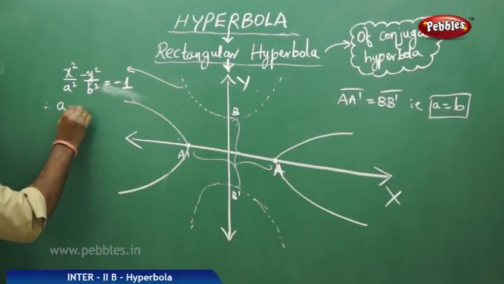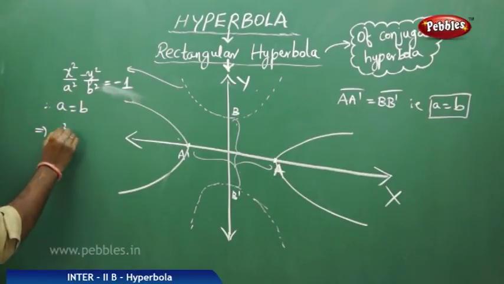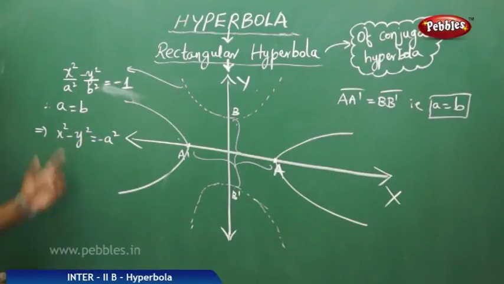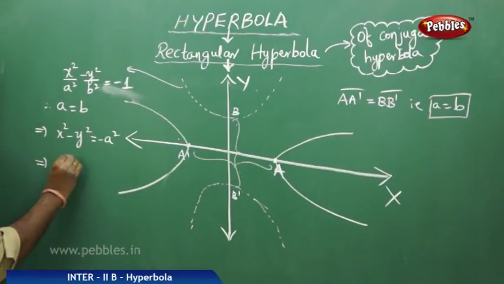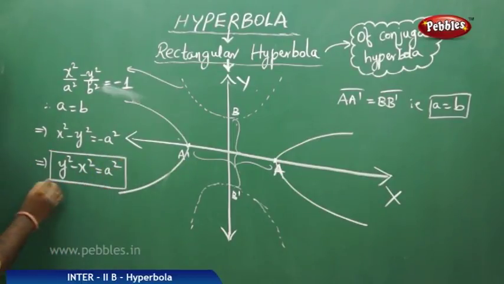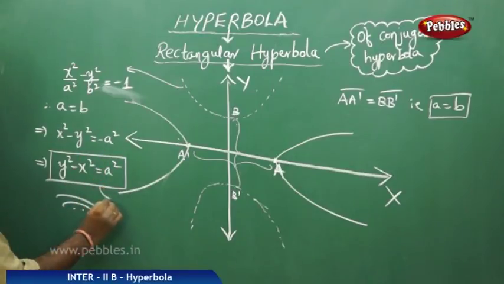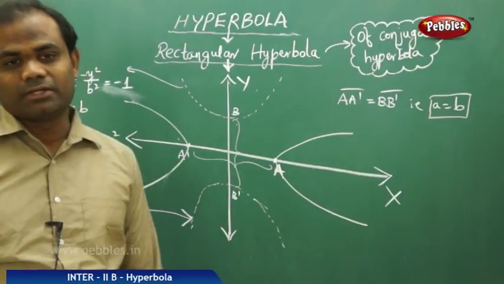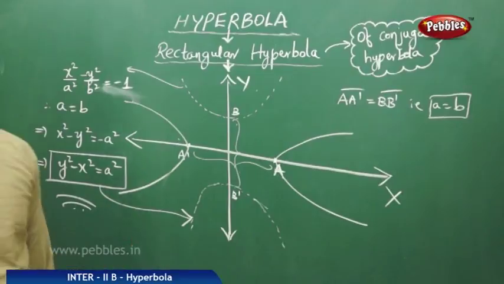Therefore, a equal to b implies I get x squared minus y squared equal to minus a squared. That implies y squared minus x squared equal to a squared is the equation of rectangular hyperbola, which is conjugate of the original hyperbola. So equation of rectangular hyperbola of a conjugate hyperbola is y squared minus x squared equal to a squared, as can be seen here.